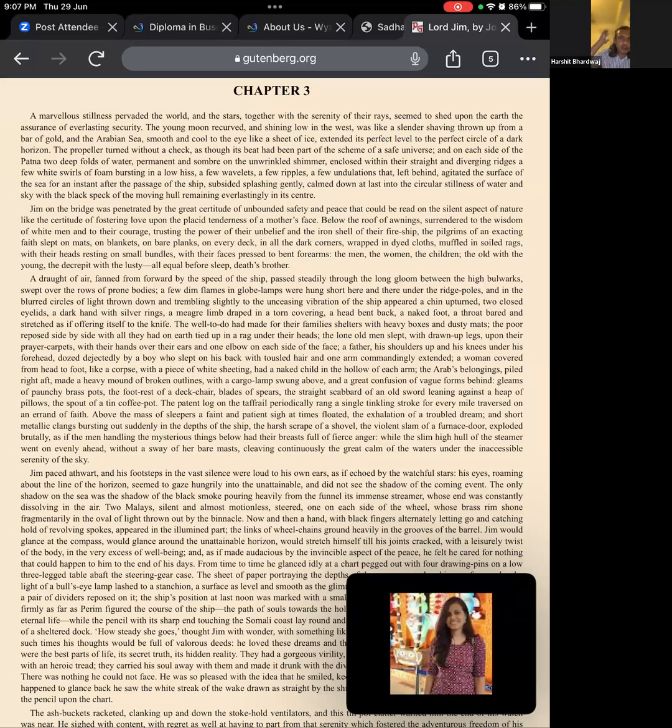A few white swirls of foam bursting in low hiss, a few wavelets, a few ripples, a few undulations that left behind, agitated the surface of the sea for an instant out of the passage of the ship, subsided splashing gently, calmed down at last into circular stillness of water and sky with the black speck of moving hull remaining everlastingly in its center. Jim on the bridge was penetrated by the great certitude of unbounded safety and peace.